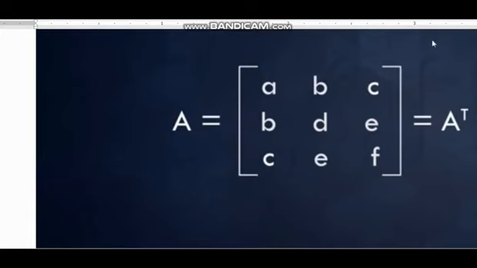So, to find A transpose, you have to interchange the rows into columns. Let me find it now. The first row is A, B, C. You have to write it column wise, so you write A, B, C in the first column.